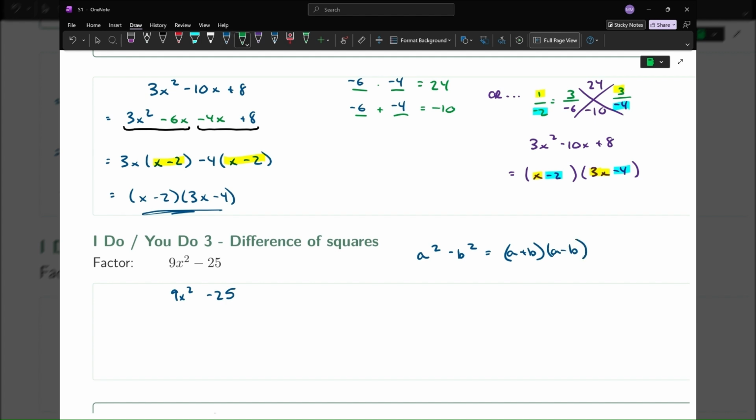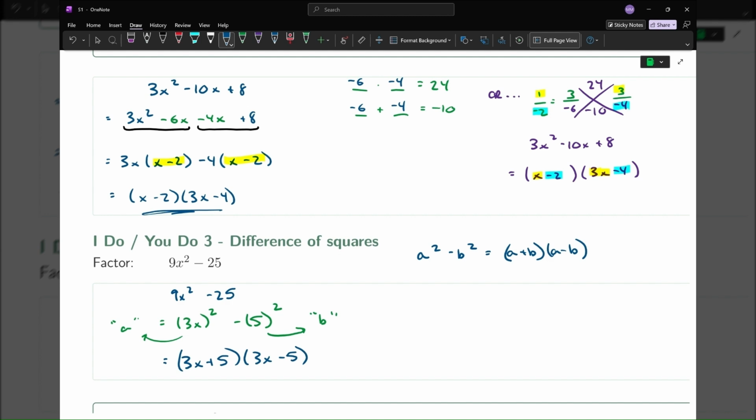So in this one, you don't have to show this step, but what I'm going to say is, well, 9x squared is just 3x all squared, and 25 is just 5 all squared. So 3x is really a, and 5 is really b. So this question then is going to be a plus b times a minus b, and we're done.